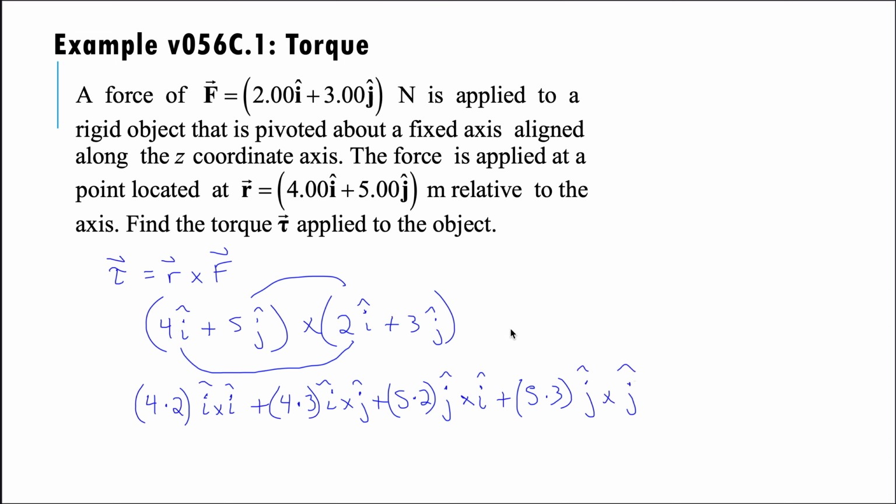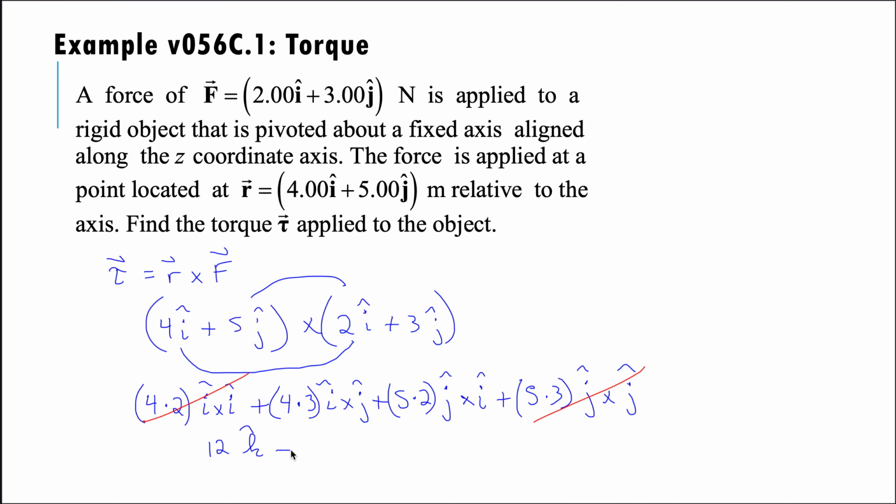So what we're going to end up with is that I cross I is 0, J cross J is 0. Do you remember what I cross J is equal to? You can use your right hand rule if you don't remember, but it's equal to K hat. So we're going to have 12K. Then J cross I is negative K. Remember when you switch the order of the unit vectors, you just flip the sign.